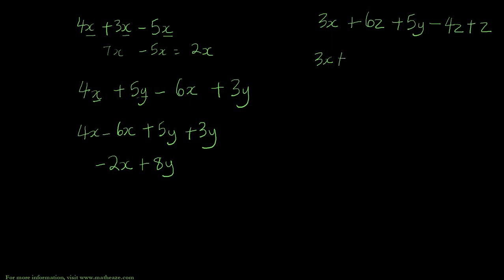We have how many z's? 1, 2, 3. So we have 6z minus 4z plus z, and then we have 5y. So this gives us 3x, 6z minus 4z, that's going to give us 2z, plus 1z, so that's going to give us 3z, plus 5y. So this is your final expression.